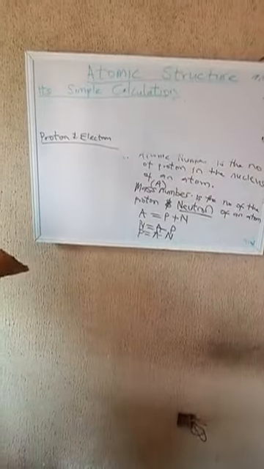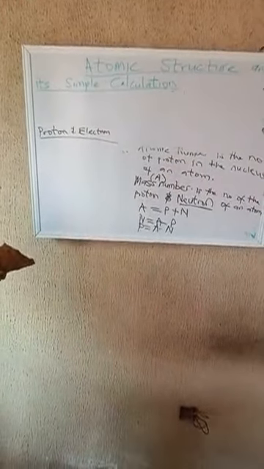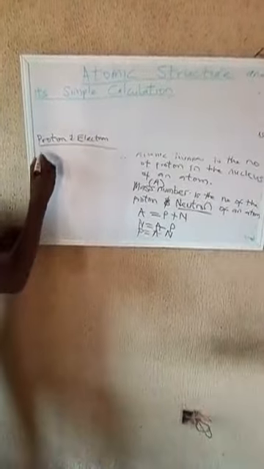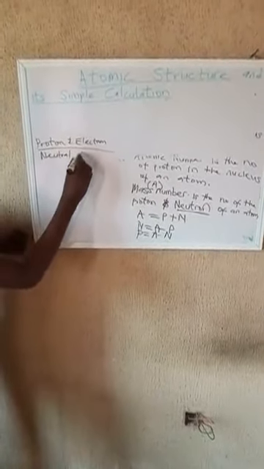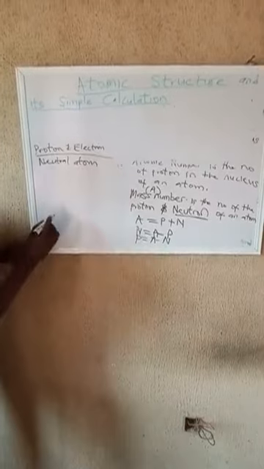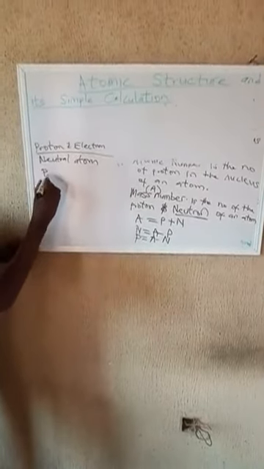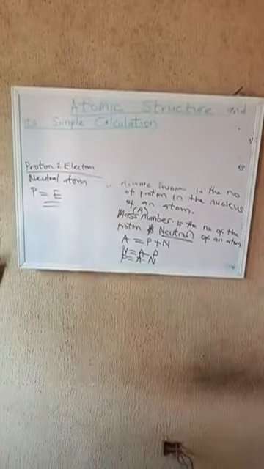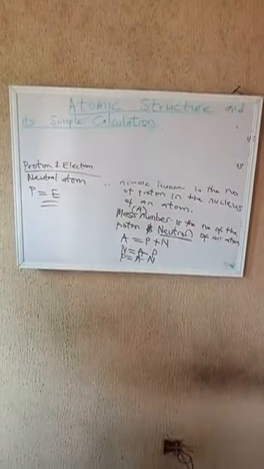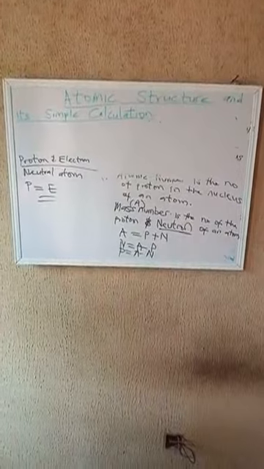For an atom to be neutral, the proton number must be equal to the electron number.